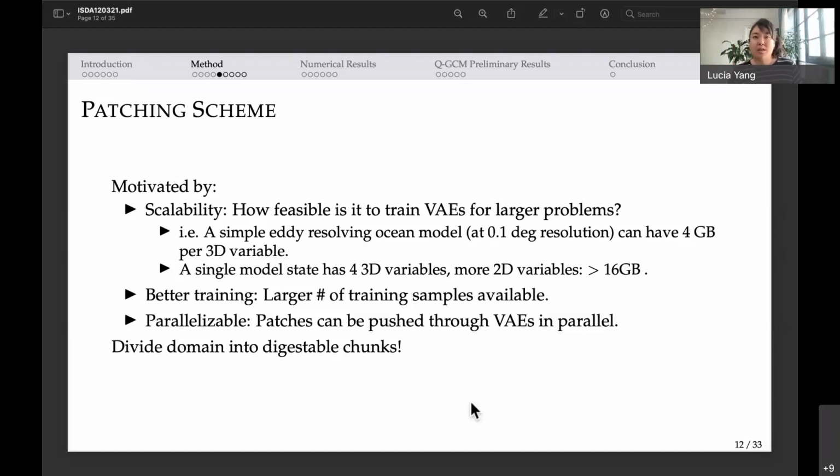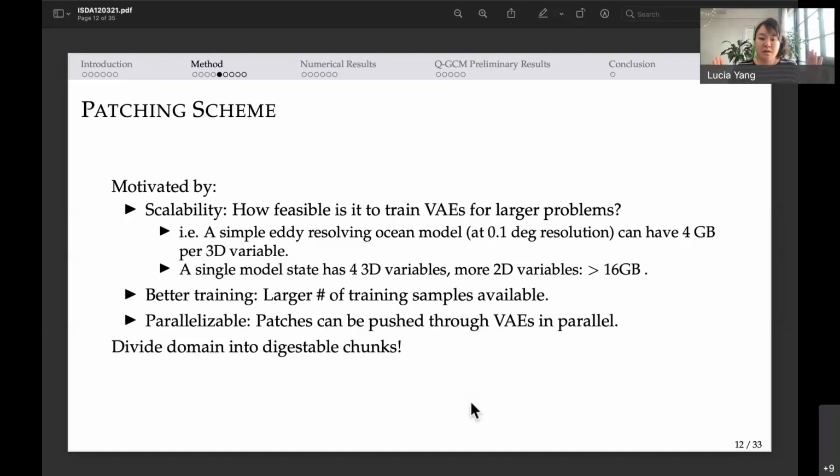So if you're trying to train a model that can describe this huge data, where a single sample is this large, the problem becomes unfeasible at that point.